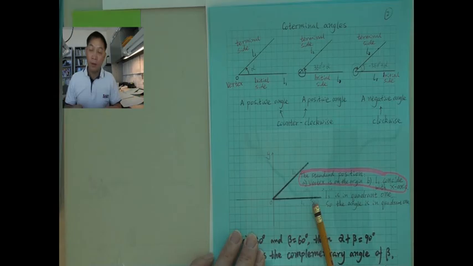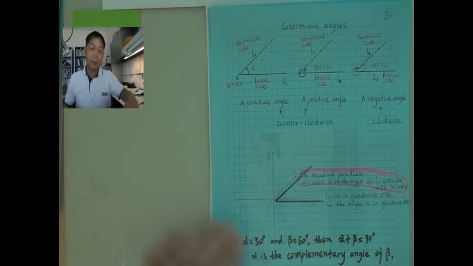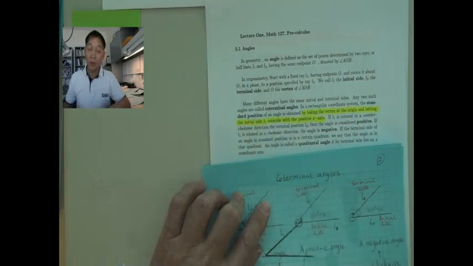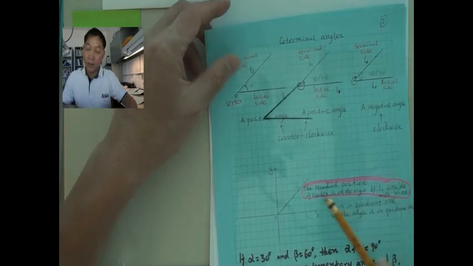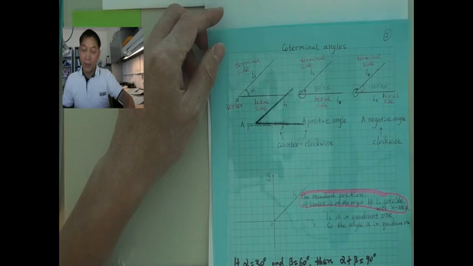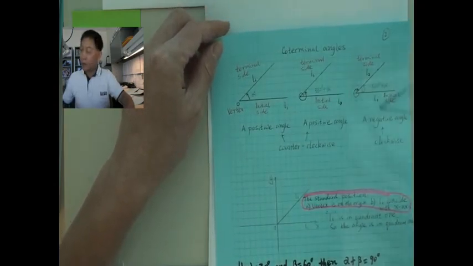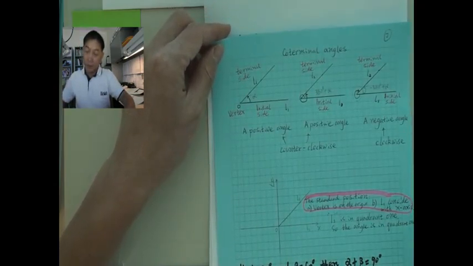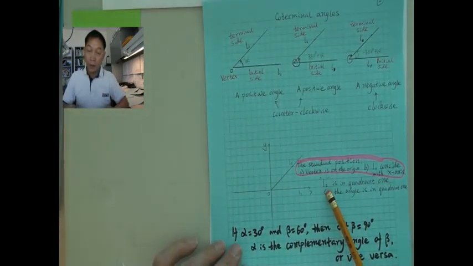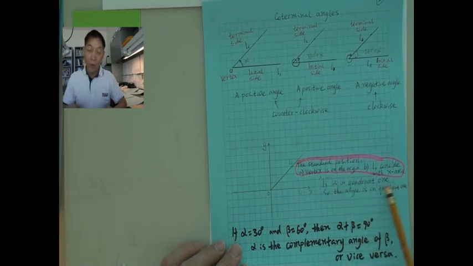And then we call this one, there is a terminology on that, the standard position of an angle. Okay, it's called the standard position of the angle right here. All right. Now, in this case, L2 is in quadrant 1.